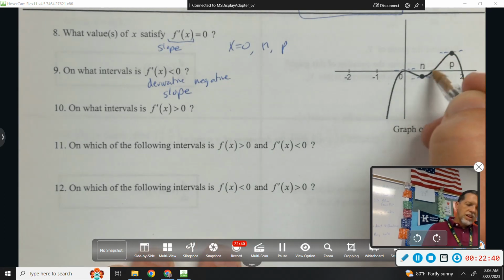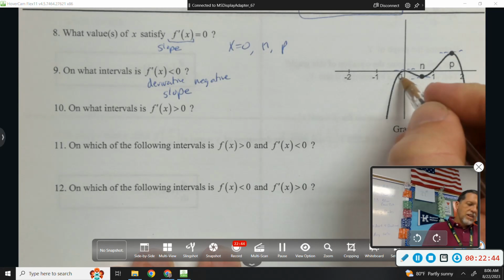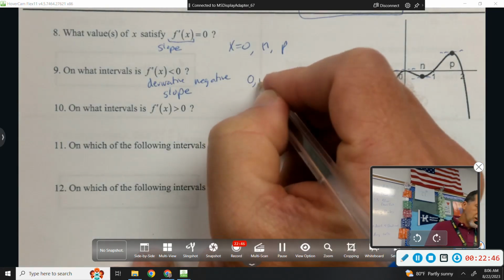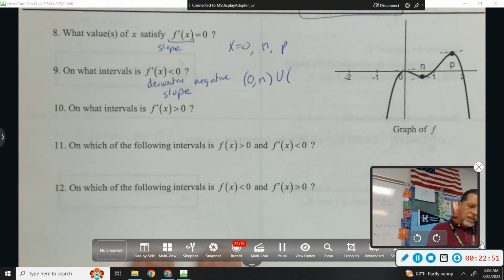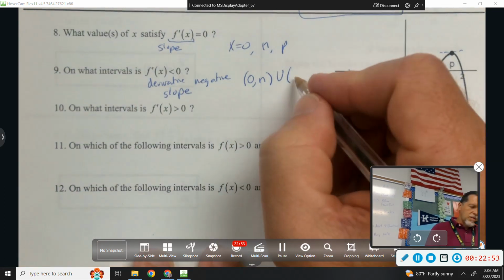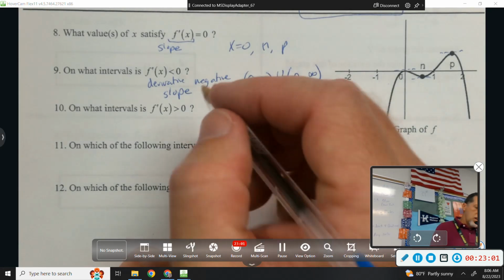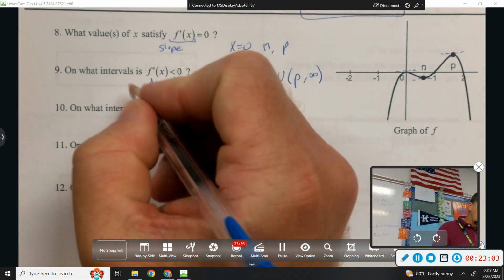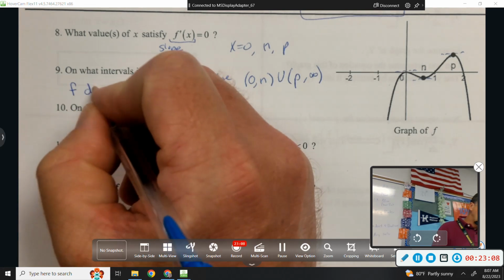Yeah, that's a positive slope. Between 0 and n. And then from p, and I think we can just assume infinity, it just goes on forever. If the slope's negative, another way to say this, we'll harp on this later, would mean that f is decreasing. That's sort of the same thing.